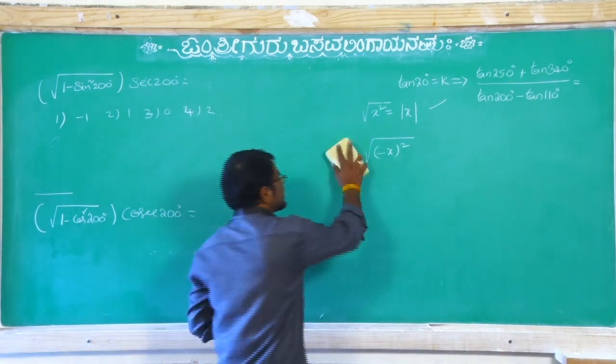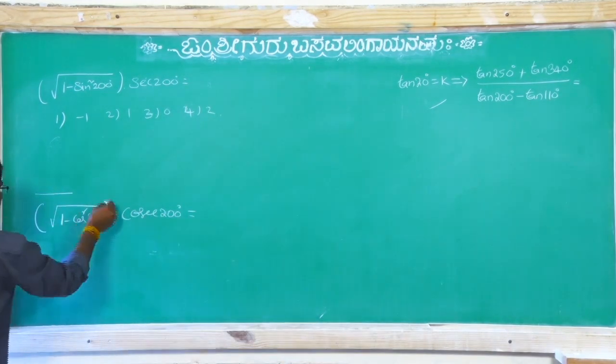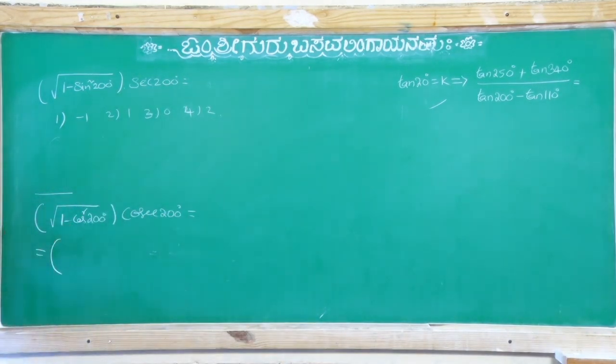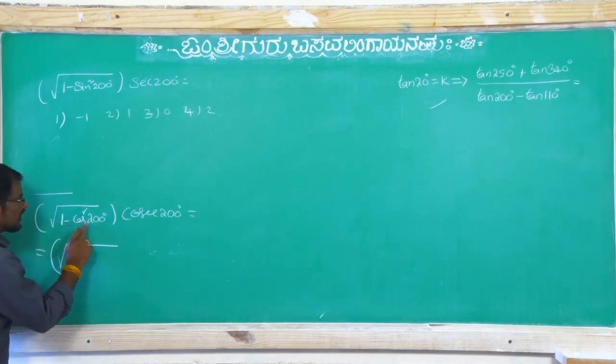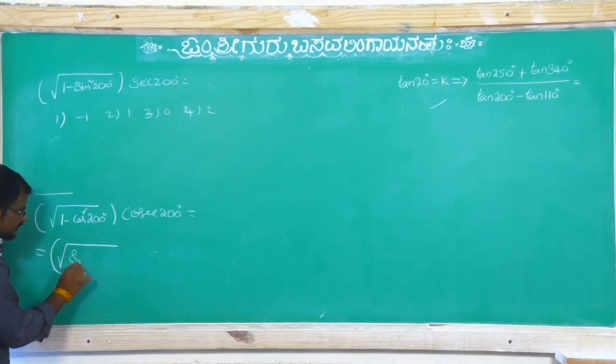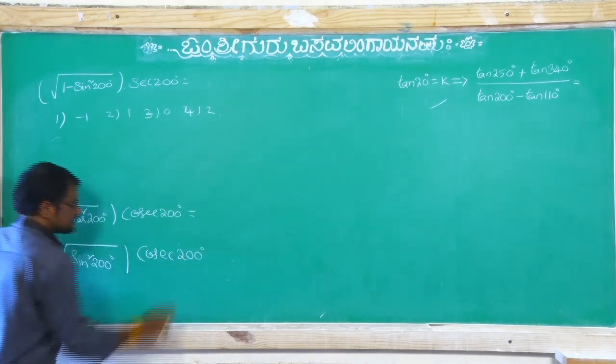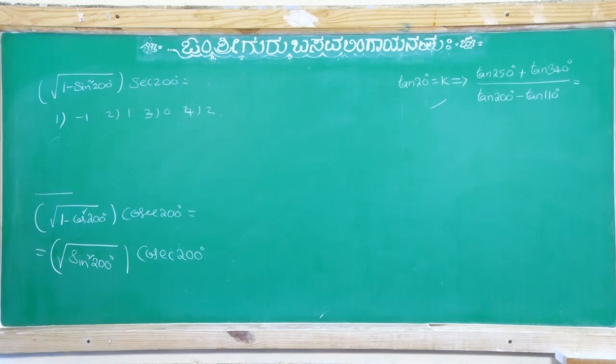So that's why, whenever there is something under root, what we have to write: root of 1 minus cos square is sine square 200 degrees into cosecant 200 degrees. Sine square 200, and now you don't directly cancel the square root.